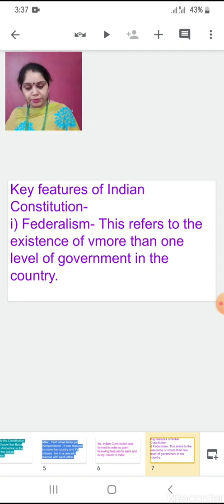Instead, it was important to have another level of government in the states so that decisions could be made for that particular area. While each state in India enjoys autonomy in exercising powers on certain issues, subjects of national concern require that all of these states follow the laws of the central government.